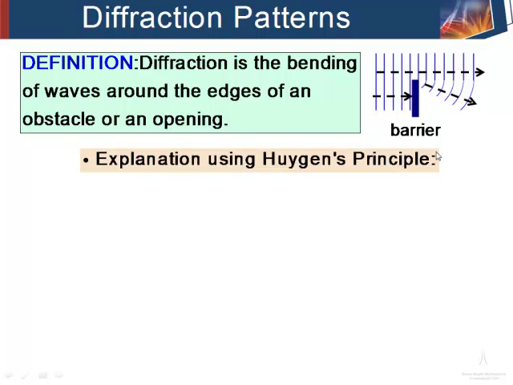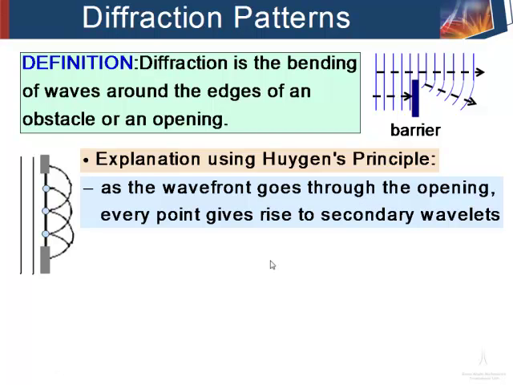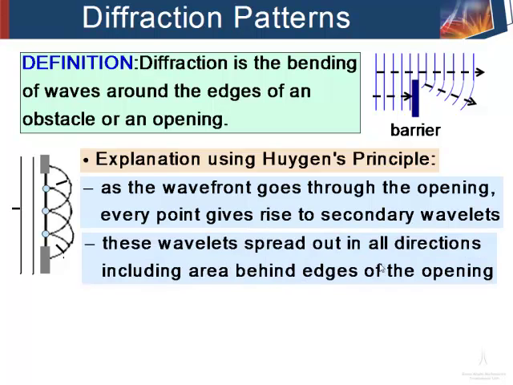Let's explain diffraction using Huygens principle. According to Huygens principle, we would remember that the wavefronts create wavelets. So as the wavefront goes through the opening, there you have our points, there's your first wavefront, and there you have your secondary wavelets that are produced. As the wavefront goes through the opening, every point gives rise to secondary wavelets.